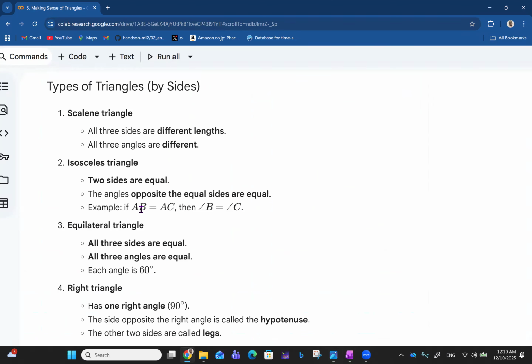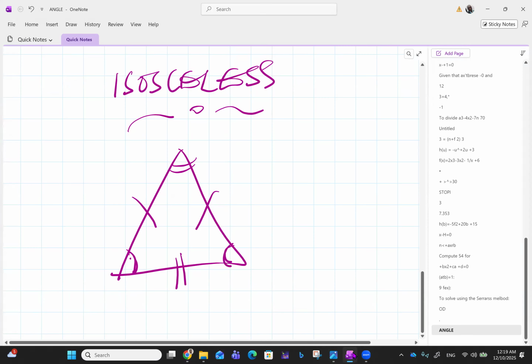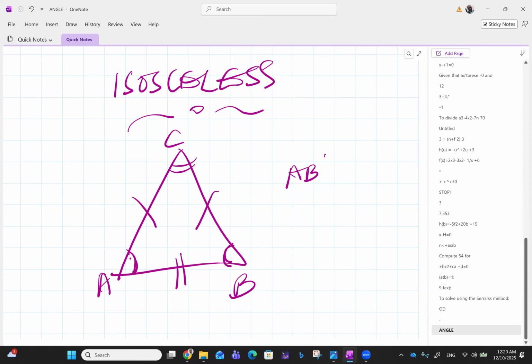So, example, we have AB. If AB is equal to AC, imagine that this is AB. Okay, let's say this is ABC. Okay, I think it's better to do it this way. A, B, C. Yeah.